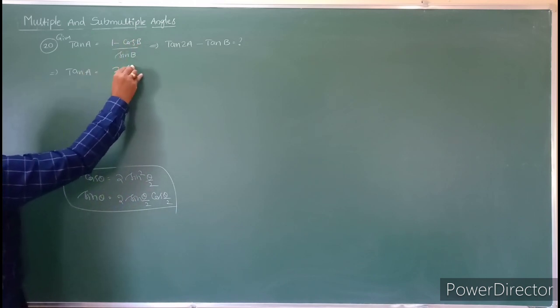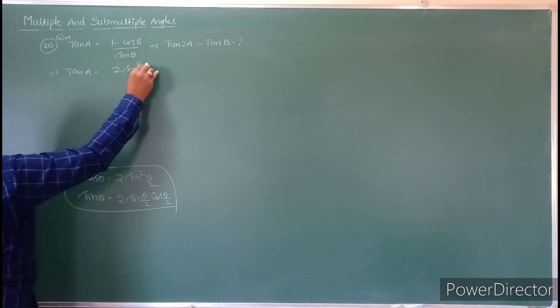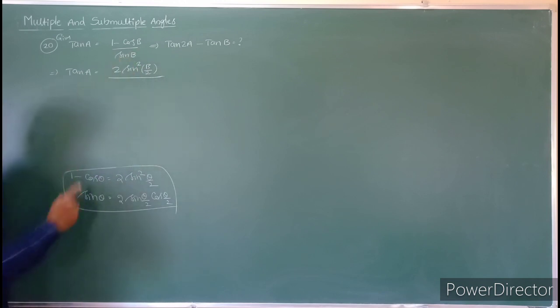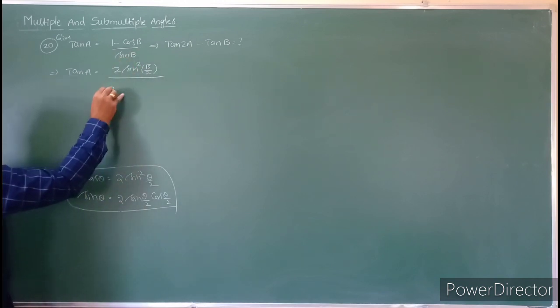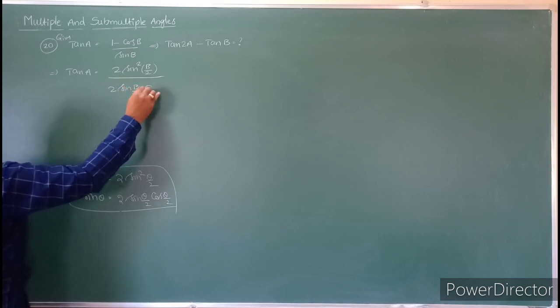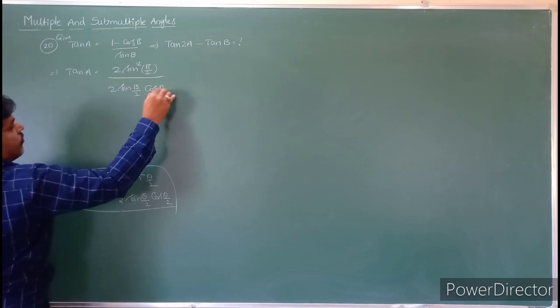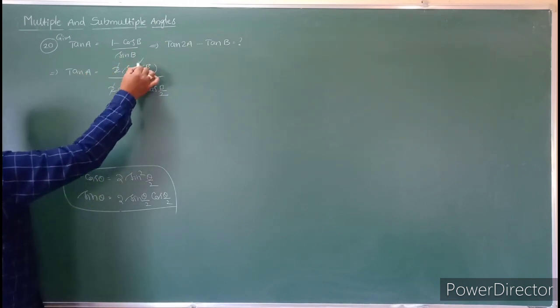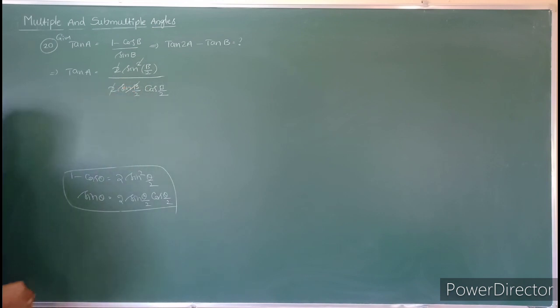You can write it as 2 sin square B by 2 by sin B. Sin theta you can write as 2 sin B by 2 into cos B by 2. The 2 will be cancelled. The square and sin B by 2 will be cancelled.